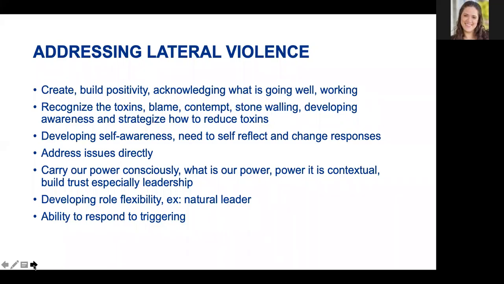And then strategizing, how do we reduce these toxins? How do I help my colleague feel heard? They may be blaming or stonewalling me because they're not feeling heard. How do I help them feel heard? And developing our own self-awareness and our own need to reflect about how we are doing this work and how we are engaging in those unhelpful behaviors in the workplace, and change our own responses.